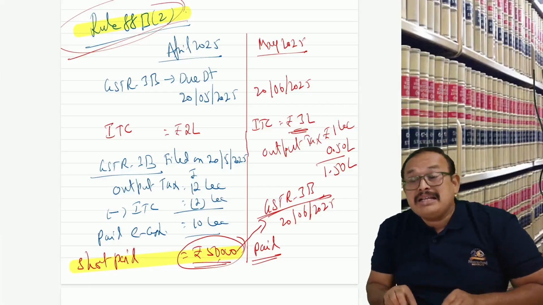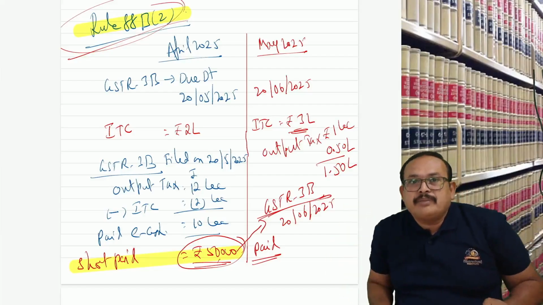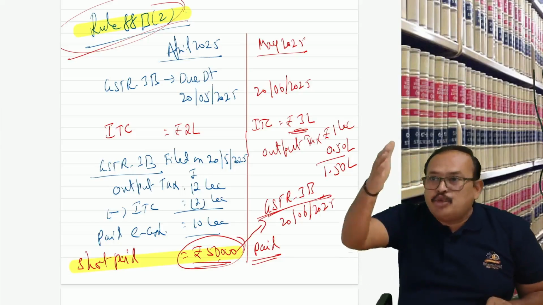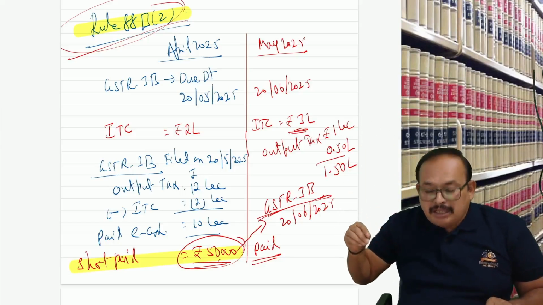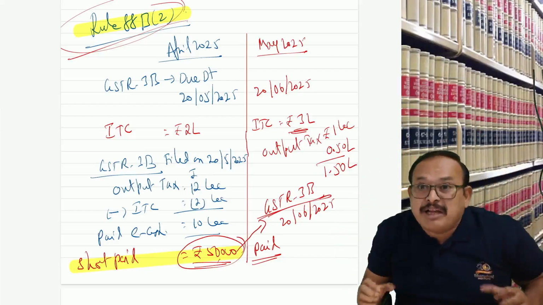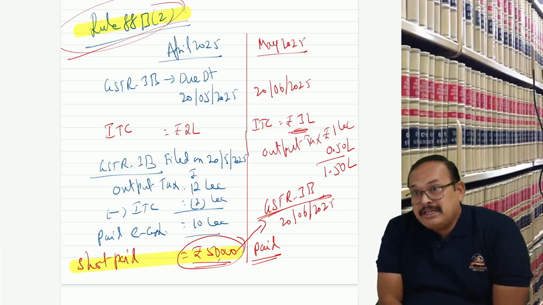Sir, while considering gross liability, if you argue with me, sir, as on the due date to pay the GST, 20th May 2025, I have electronic cash ledger balance 15 lakhs. How much? 15 lakhs.